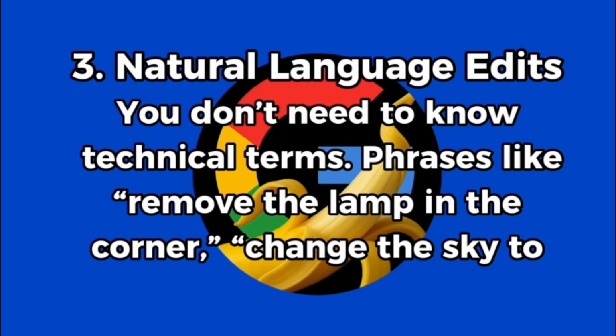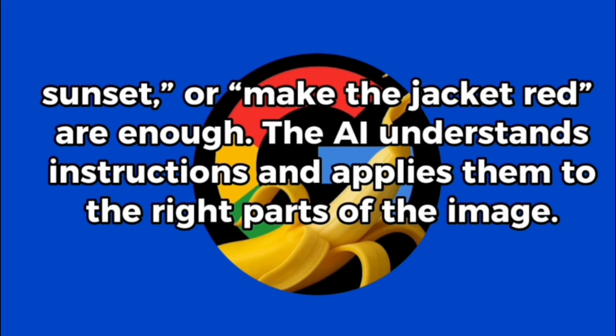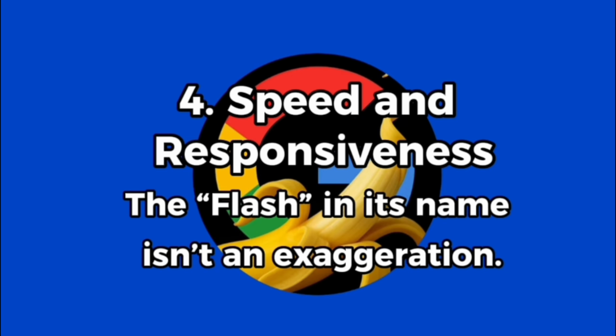3. Natural language edits. You don't need to know technical terms. Phrases like "remove the lamp in the corner," "change the sky to sunset," or "make the jacket red" are enough. The AI understands instructions and applies them to the right parts of the image. 4.